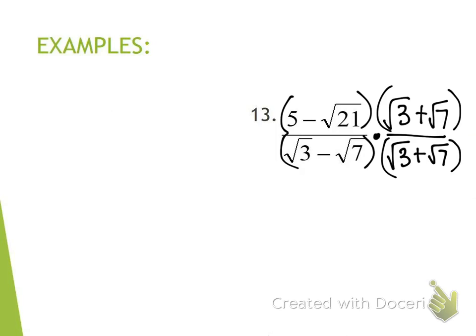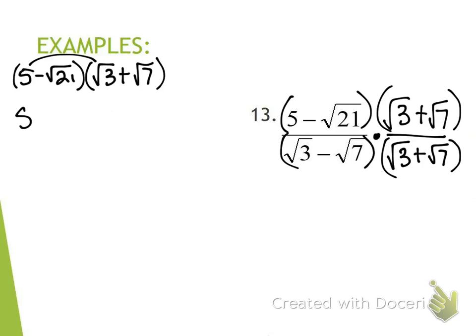Okay, so over here, I'm going to show my work. We have 5 minus root 21 times root 3 plus root 7. So let's do that one first, and then we'll worry about the denominator. 5 times root 3. It's 5 root 3. 5 times root 7. It's 5 root 7.